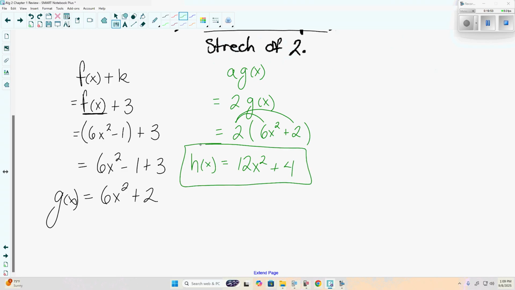I'll call it h of x. But since we have done our 2 transformations, this is our final answer. And on the test, you won't have more than 2 transformations being done at one time. Questions on 25?